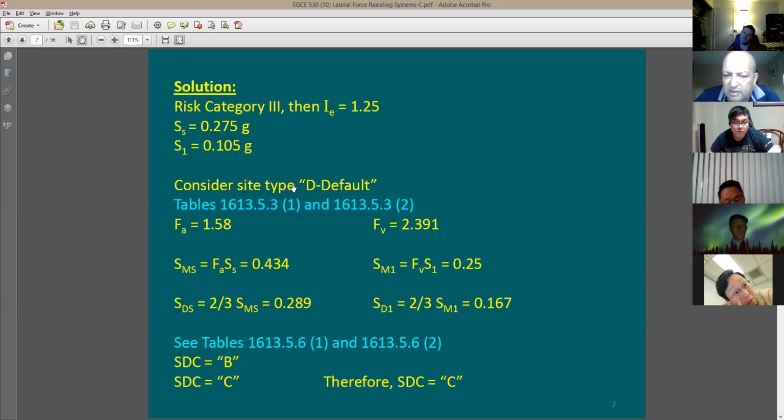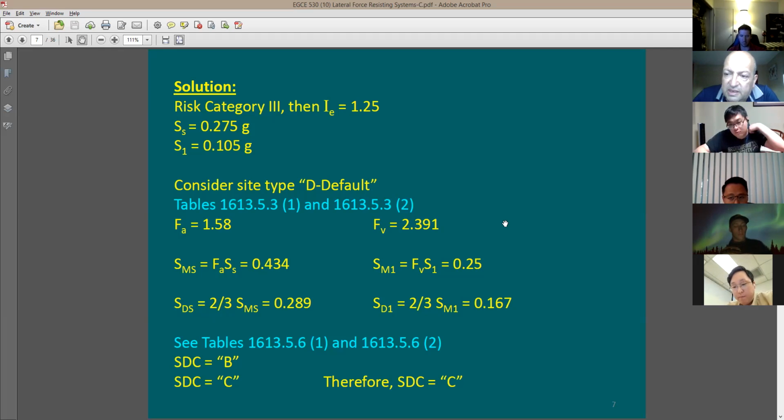You're going to reduce it a little bit. And these are the two factors that you need to use in your design, SDS and SD1. These two parameters would be used in our equations, the seismic design forces.